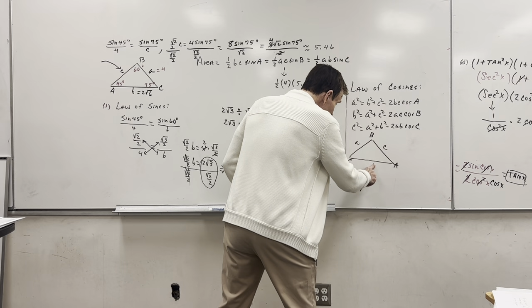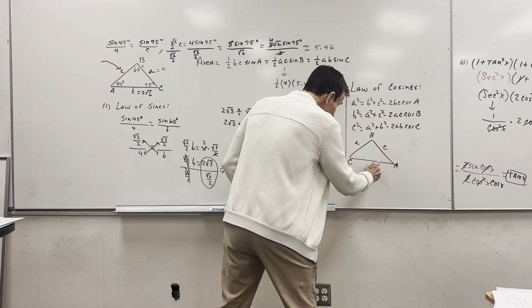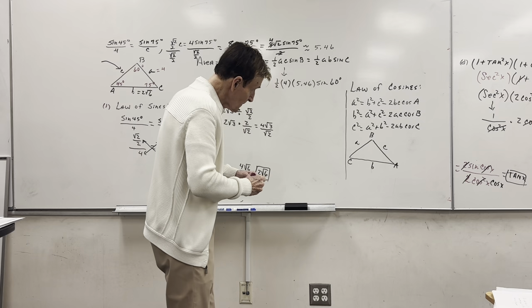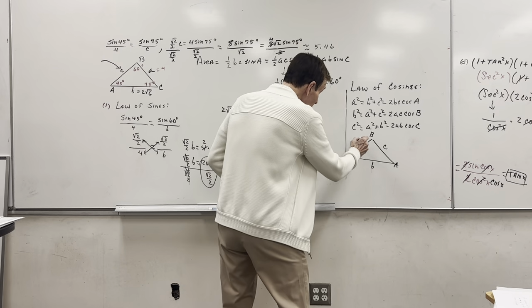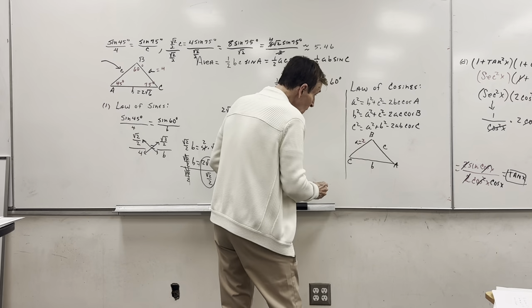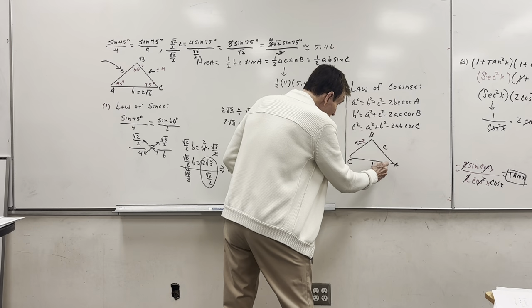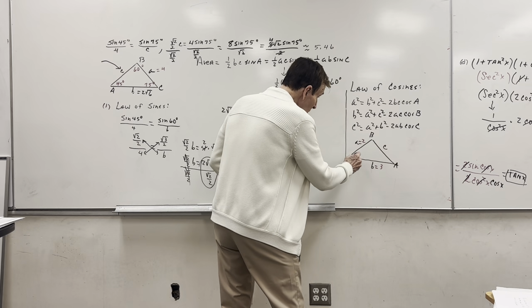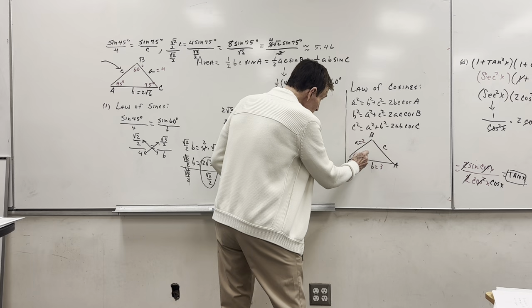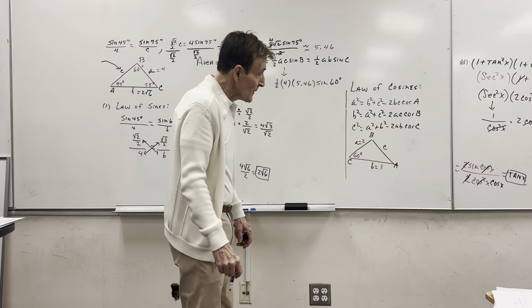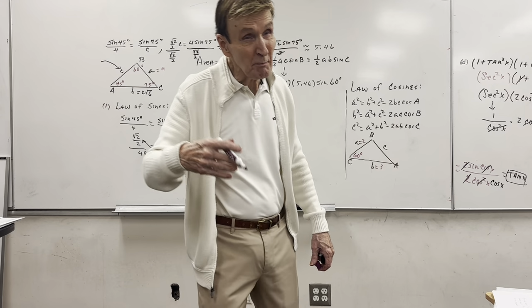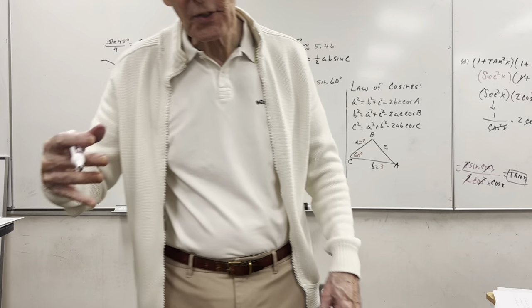Yes. Now what on earth did I give you? You gave us lowercase a equals 2, lowercase b equals 3, and uppercase C equals 60 degrees. At least that's an angle from the unit circle. Did I ask you to find a particular missing part, or did I just say solve the triangle? Solve the given triangle.